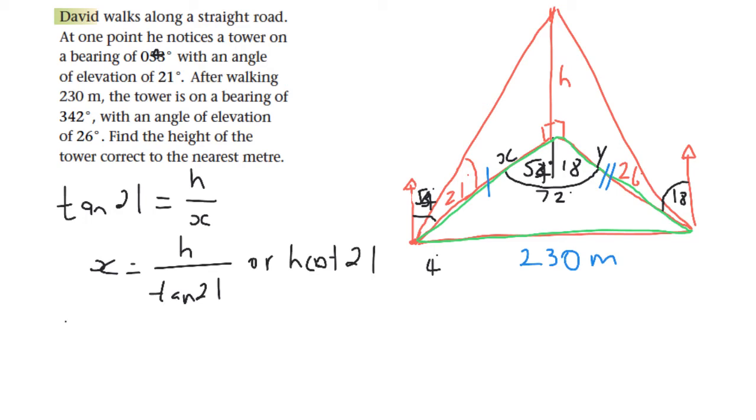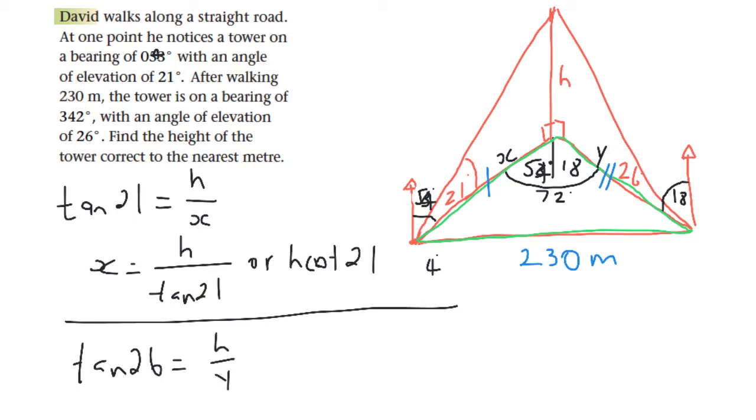In our second triangle, we've got tan 26 equals h over y, which means that y equals h over tan 26, or h cot 26. Again, either way is fine.